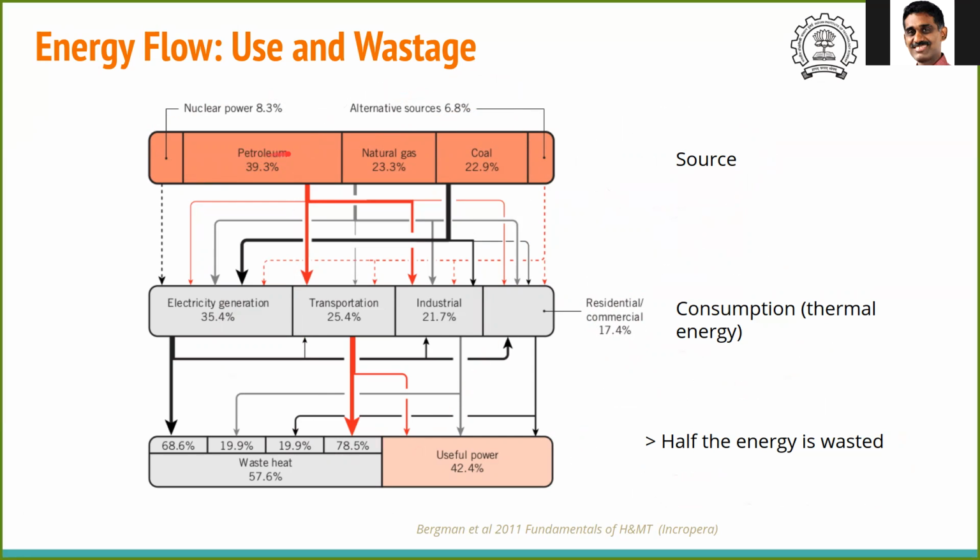Most of the energy sources that we have are in chemical form, that is petroleum, natural gas, coal. Energy is stored in a chemical form, which is converted to heat, and then we use it for different applications such as electricity generation, transportation, industrial, and so on. The pattern for India is slightly different. Nearly 40 to 50% of our energy consumption comes from coal.